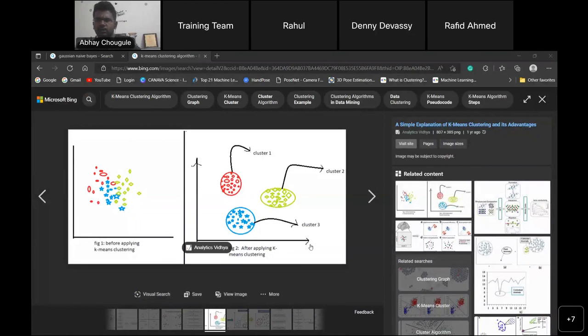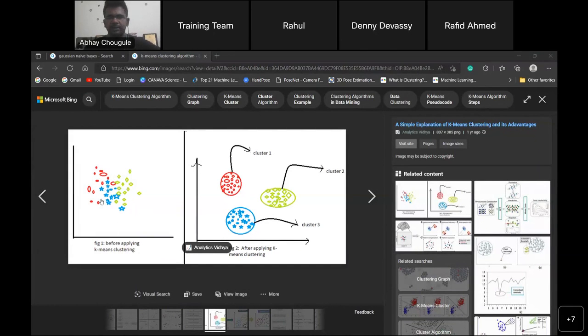So the 3 categories will be based on the average, and it depends upon the observation points as well. Suppose this is a data set. Is this screen visible?